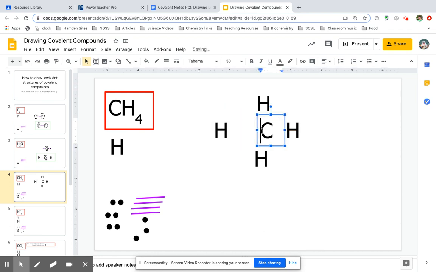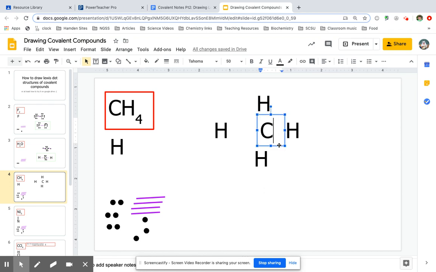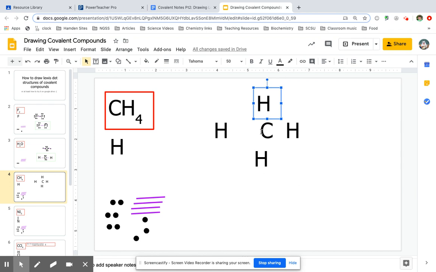Okay, carbon had 4 valence electrons to start. So that means I'm going to draw in my, moving them up, moving them up. Thanks for your patience. One there. One there.